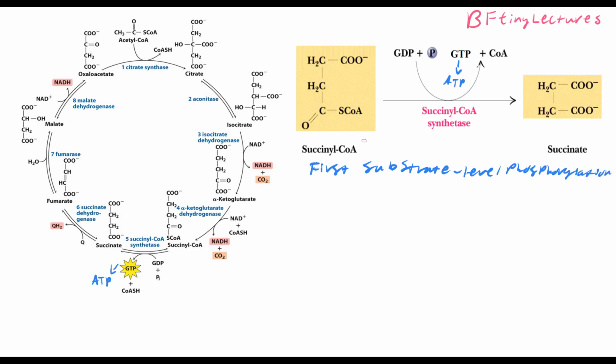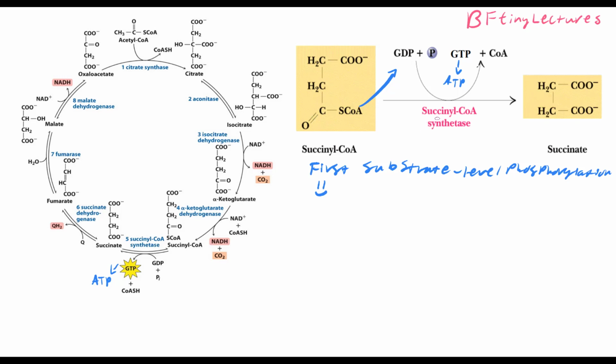And I know that you want me to draw a happy face because it is a very big deal. Okay, so we're going to be drawing a happy face right there. That's very good. Very happy. So again, all we're doing is reacting the thiol group with GDP.